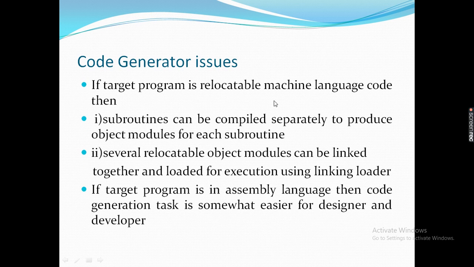If the target program is relocatable machine language code, then subroutines can be compiled separately to produce object modules for each subroutine. The second advantage is that several relocatable object modules can be linked together and loaded for execution using a linking loader.